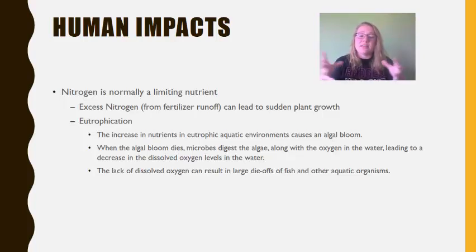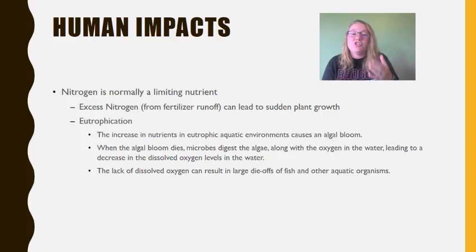If you have a sudden increase in nutrients in an aquatic environment, the plants that live there can start going crazy and growing. But eventually, especially if that nitrogen is from fertilizer, that fertilizer is not going to keep coming constantly. So now these plants that grew a whole bunch no longer have more of that fertilizer helping them to keep growing. So then they starve and they die.